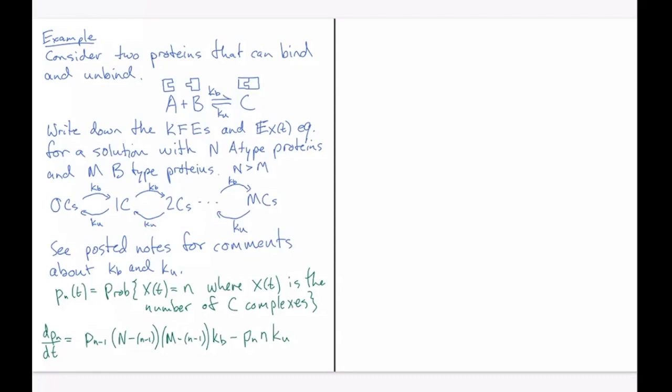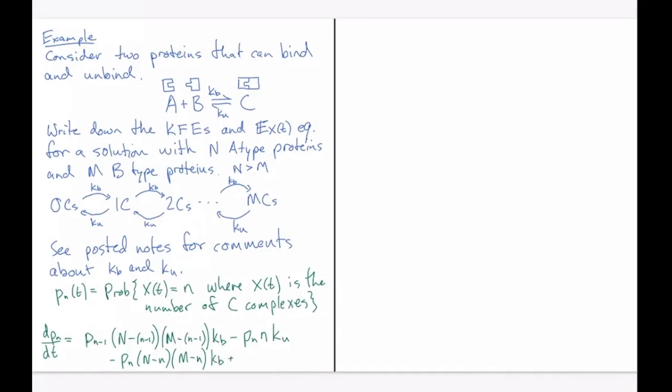And then we have Pn. You could also have two of them bind to move up to Pn plus 1, and that happens at a rate, how many A's are there when there are n C's? There are n minus n A's. And how many B's are there? There are m minus n B's, and they bind at a rate Kb.